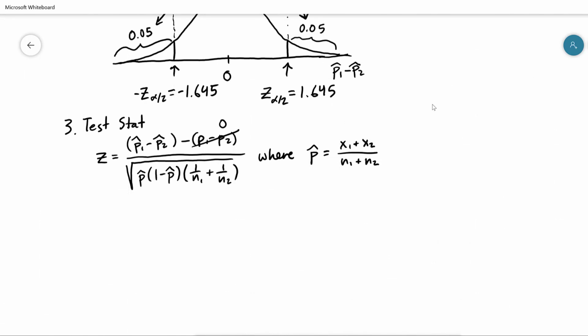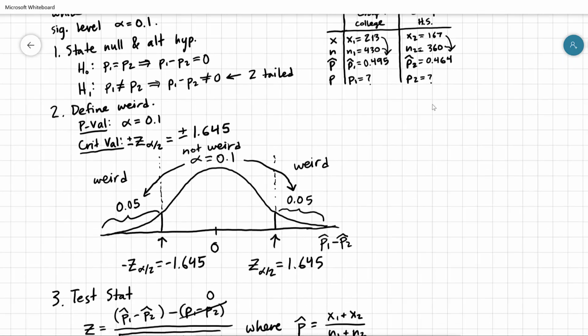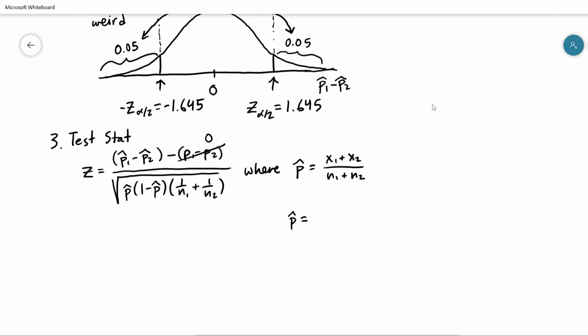So first things first, let's compute this p hat. Our p hat value is going to be, let's see, x1 is 213, x2 is 167. So 213 plus 167, and the two values of n were 430 and 360.